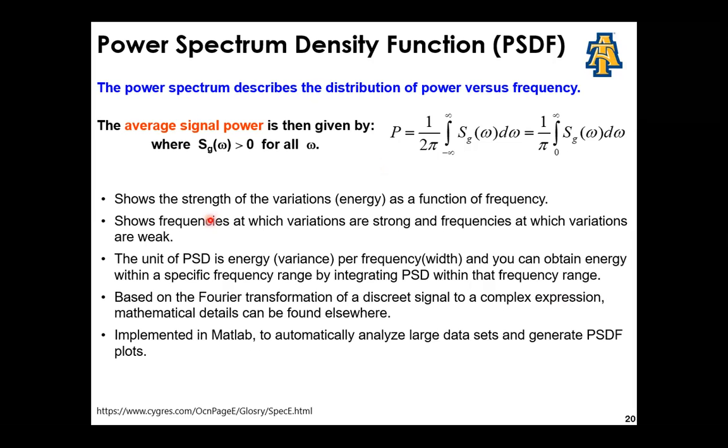Many approaches have been employed for the analysis of pressure signals, like Fourier transform analysis, frequency domain analysis, and wavelet analysis. But what I did here was to translate this random pressure signal into PSDF plots using an automated MATLAB algorithm.